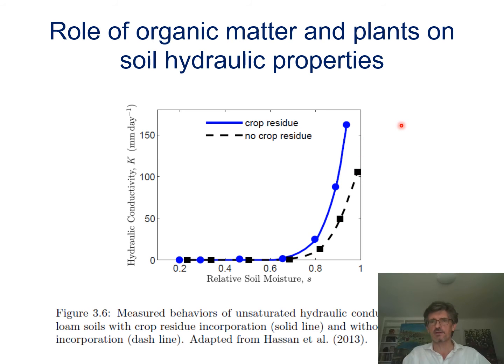This is an experiment with two different soils: a loamy soil as it is, and one with crop residues added. You can see that the hydraulic conductivity increases as you add organic matter, probably because of more pore space, changing the structure. So this is a neat example of how the biological, ecological part of ecohydrology affects the water cycle and the soil hydraulic properties.